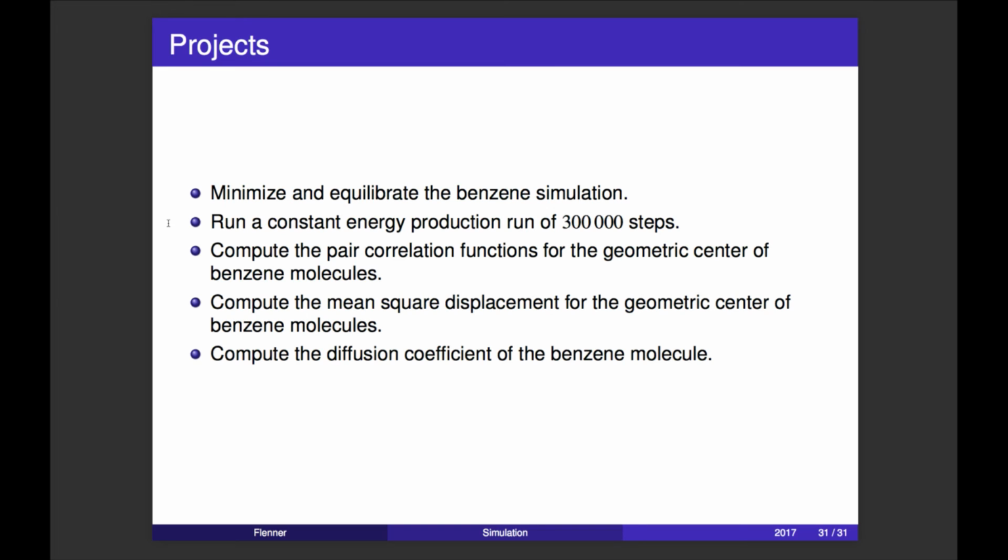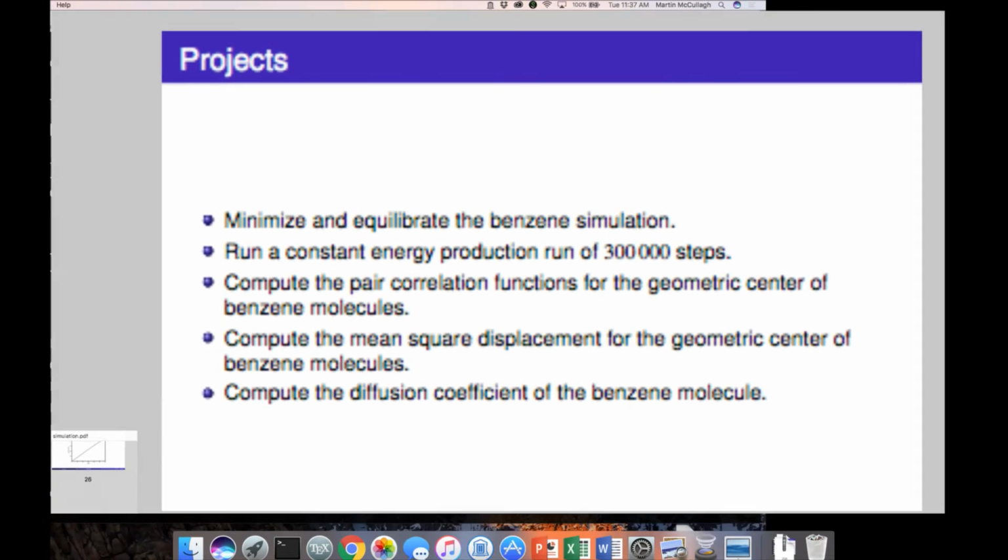And then compute the mean square displacement for the geometric center. From that, you can get the diffusion coefficient. I had a slide earlier showing you how to do that. And I think that was it. I could be wrong. No, that was it.